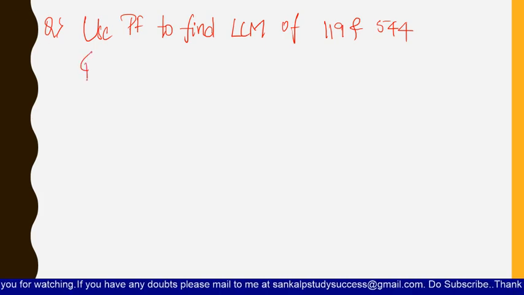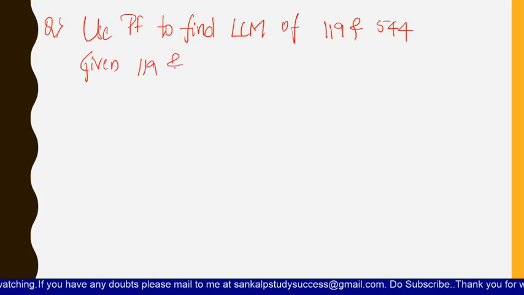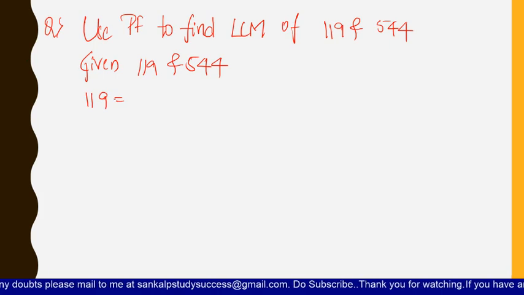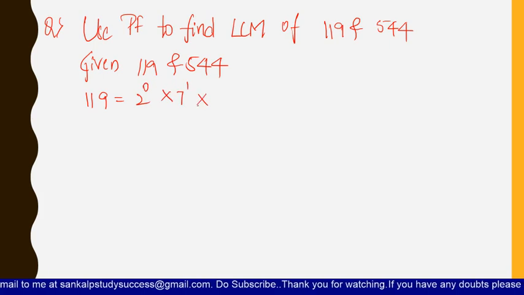Given data is 119 and 544. So how can you write 119 and 544? First of all, you need to find the canonical decomposition. 119 can be written as 2 to the power of 0 into 7 to the power of 1 into 17 to the power of 1.